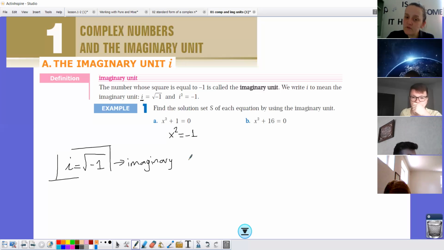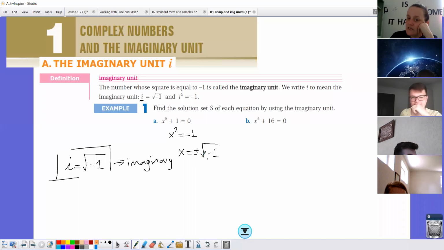If I have x squared is equal to -1, x will be plus or minus root of -1, yes? Is it a double root? No, this is not double. These are distinct roots. A double root is when the roots are equal, when you have only one root.